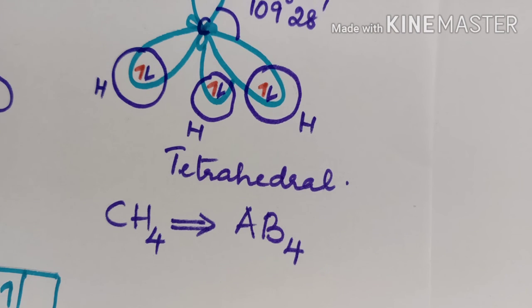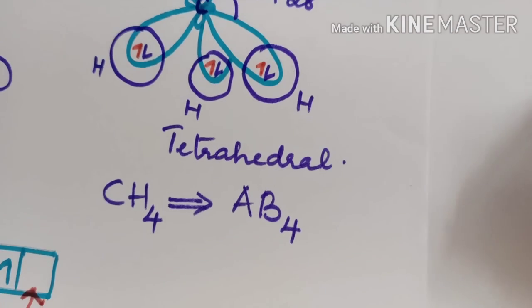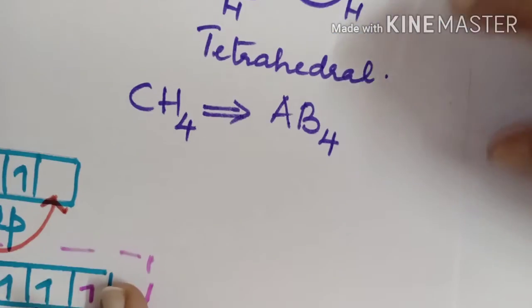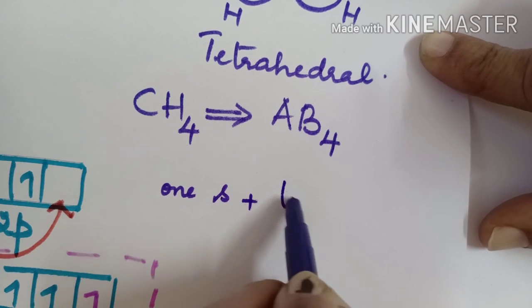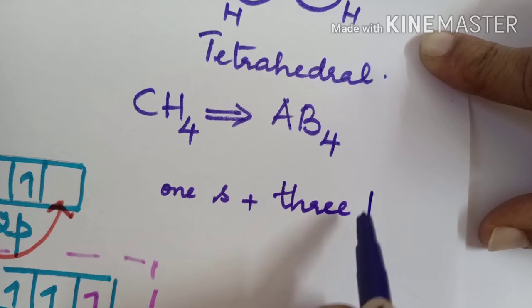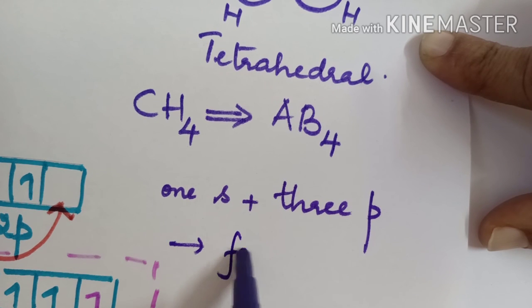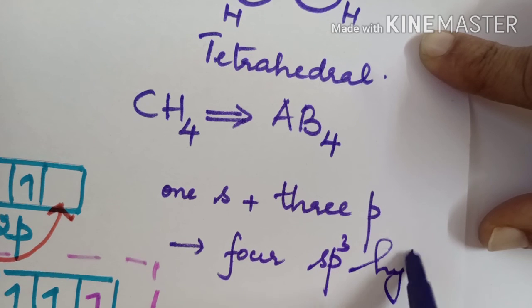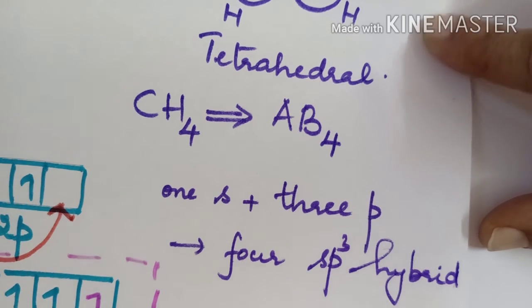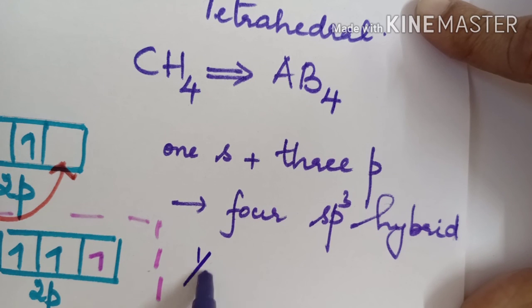On checking the character of the hybrid orbitals, you find that one s orbital is mixing with 3 different p orbitals, leading to 4 sp3 hybrid orbitals. So that would lead to 1/4 s character and 3/4 p character.